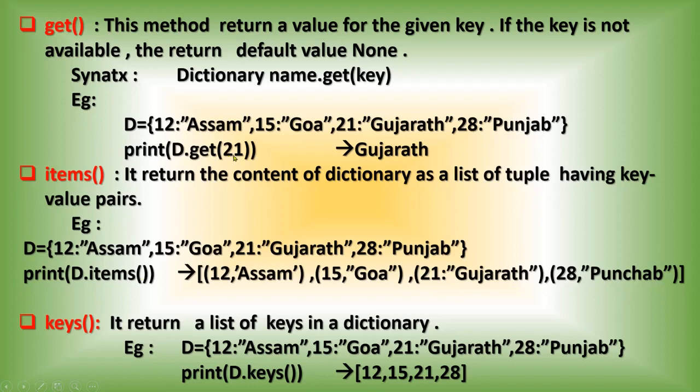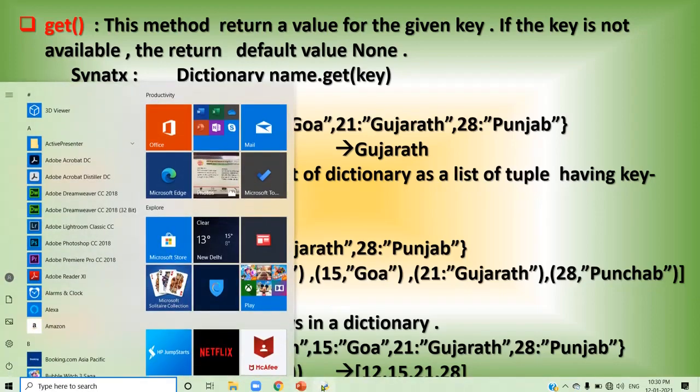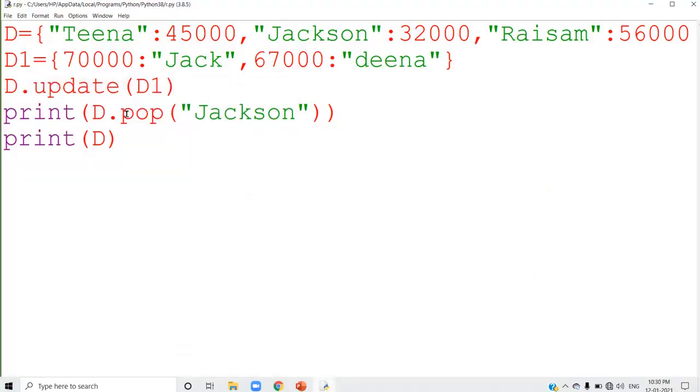For the get function, you have to write the key inside the bracket. Here for items, the bracket is empty. D dot items returns a list of tuples, each element in the form of a tuple. I'll show you on the Python screen itself. I am going to write D dot items.